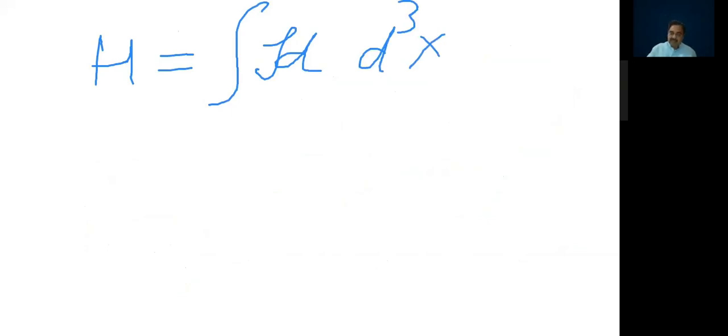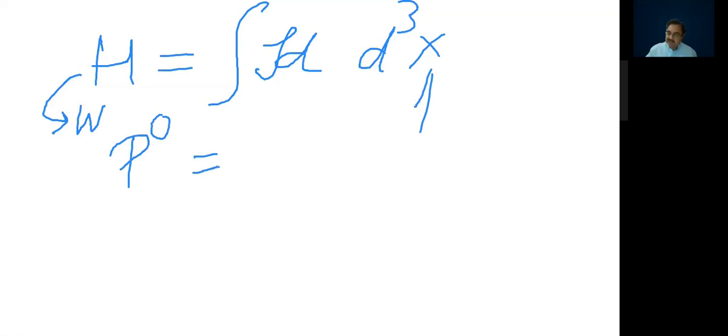And we just saw that this Hamiltonian is equivalent to energy, and this is like the time component of a 4-vector, right? On the right, we can now see that this d³x is like d⁰, that is the time component of another 4-vector.